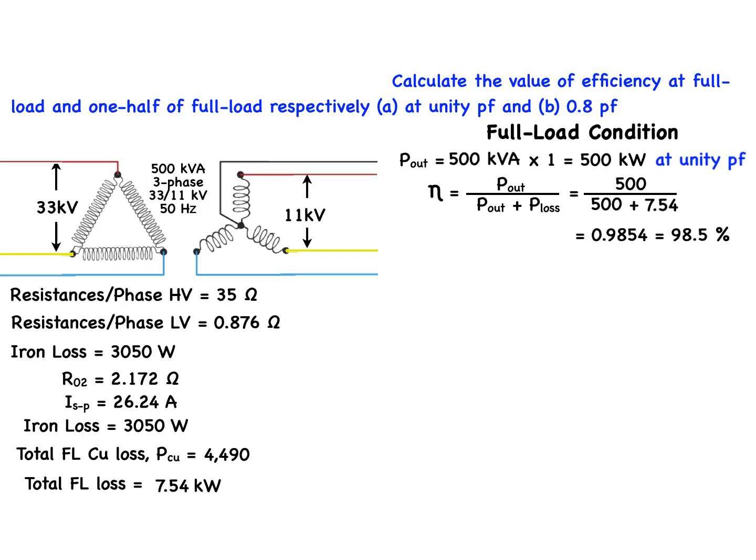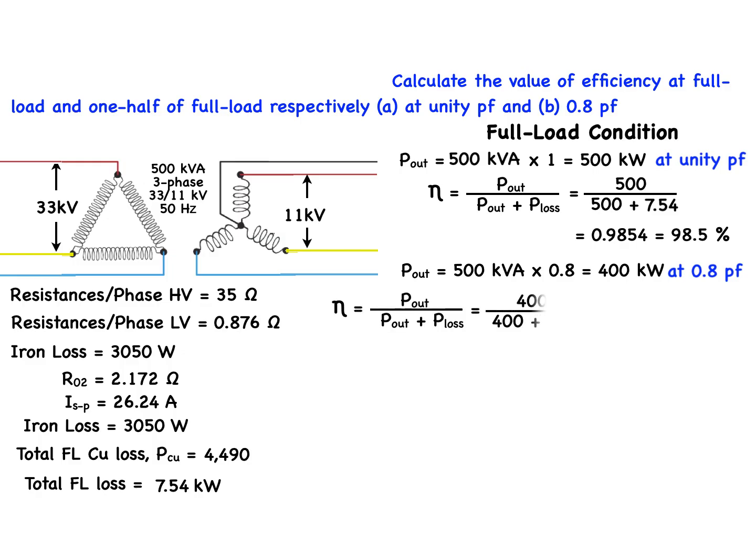At 0.8 power factor, the output is the kVA times 0.8, which is equal to 400, and we get 400 divided by the quantity 400 plus 7.54, which equals 98.1%.